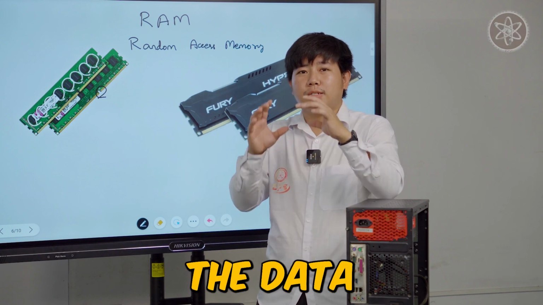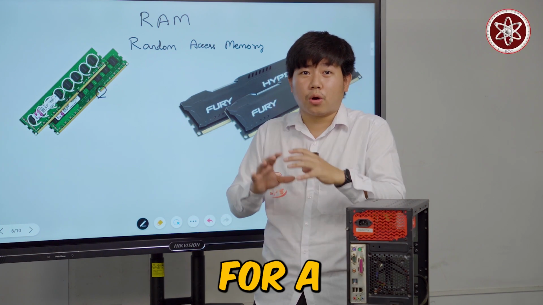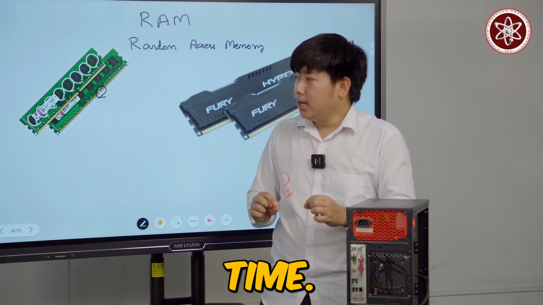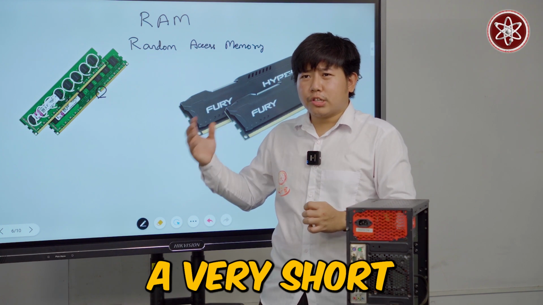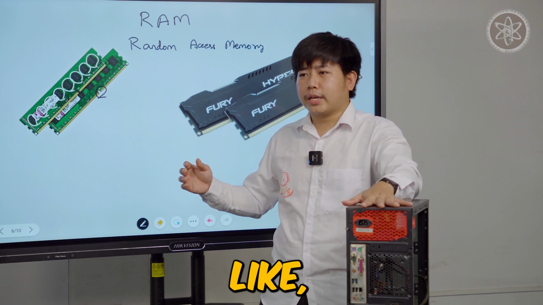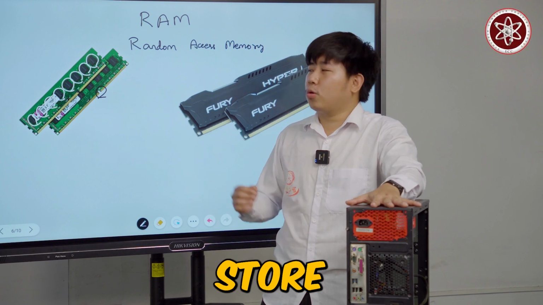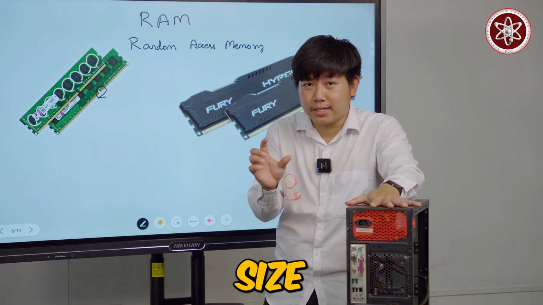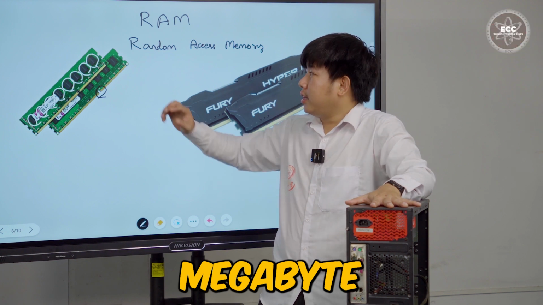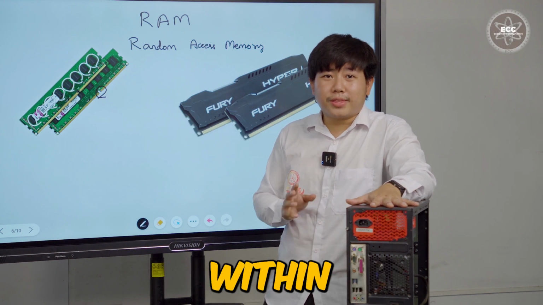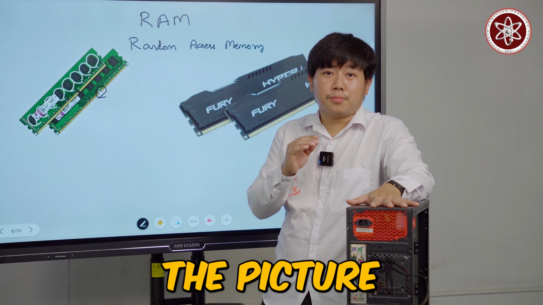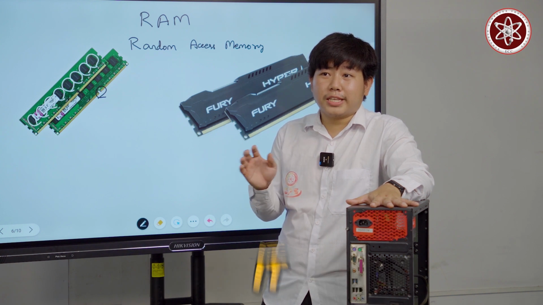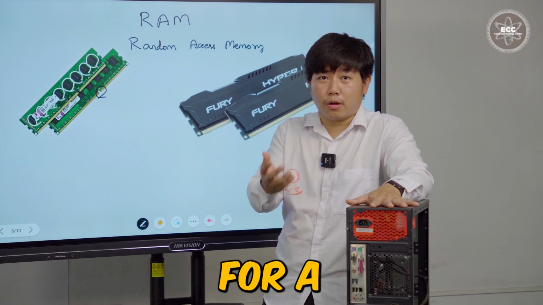It stores the data that needs to be processed for a very short time. It can only store data for so short a time that even if you try to store a picture, let's say a very small one, like 1 megabyte, within 1 second the picture would be gone because it cannot store the information for a long time.